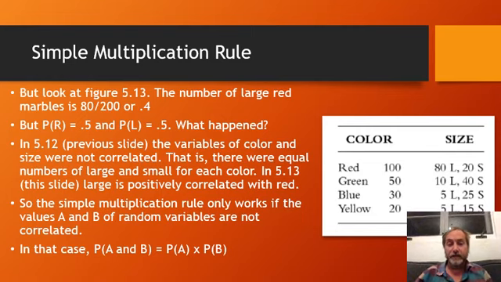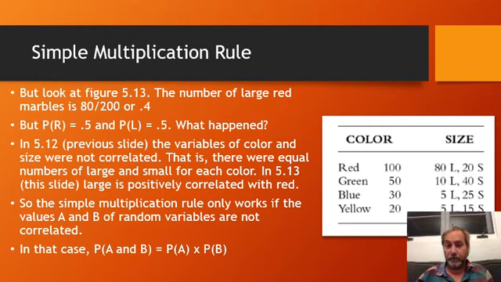For example, here's a figure with a different sort of distribution of marbles and sizes. Here we have 80 large red marbles instead of 50. So the probability of a marble being large and red is 80 out of 200.